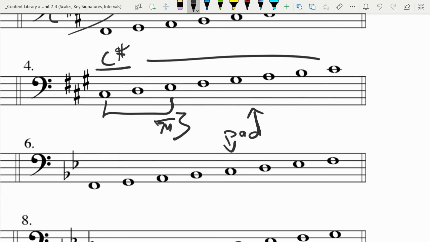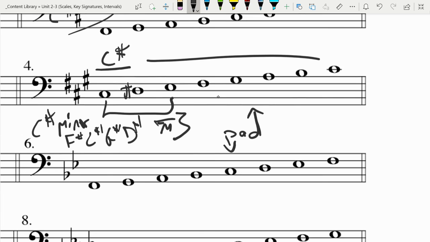Start with minor. Is it C sharp minor? No, because C sharp minor would have 4 sharps: F sharp, C sharp, G sharp, D sharp. This one only has 3. Which one does it not have? It has a D natural instead of a D sharp.